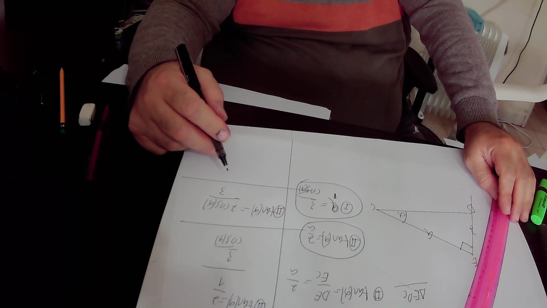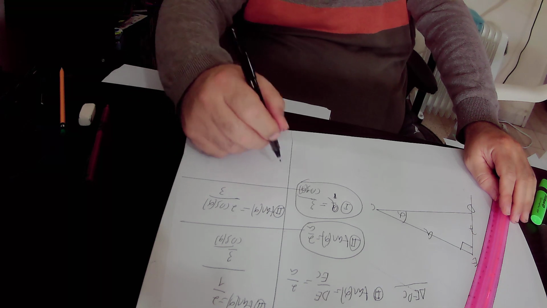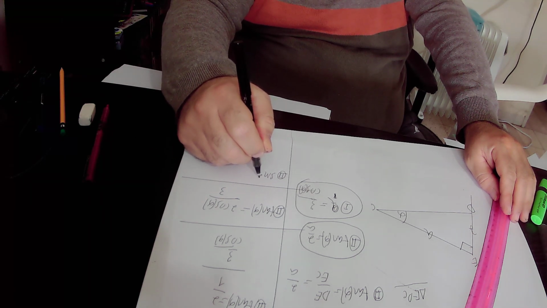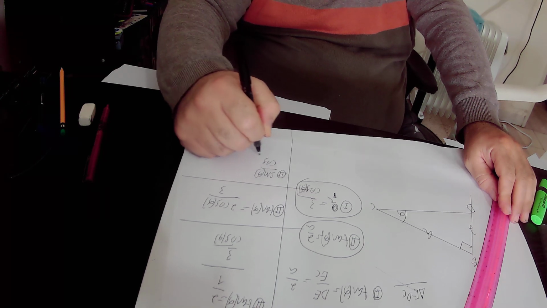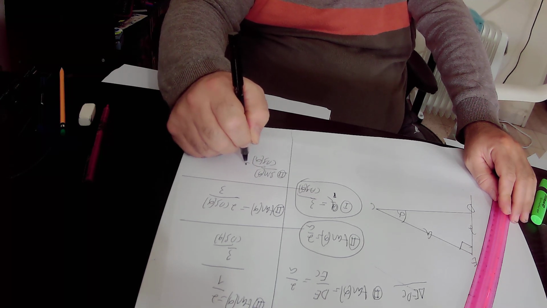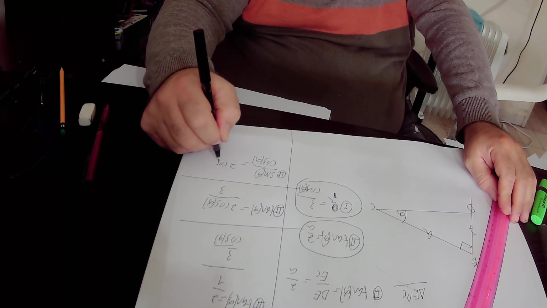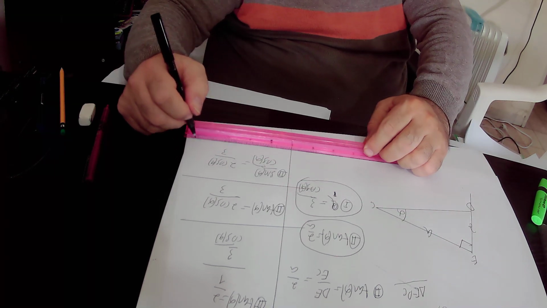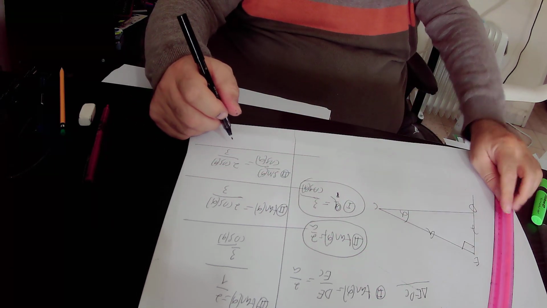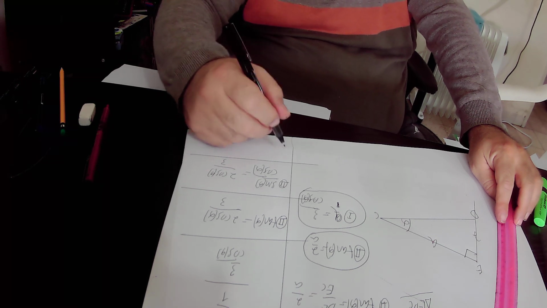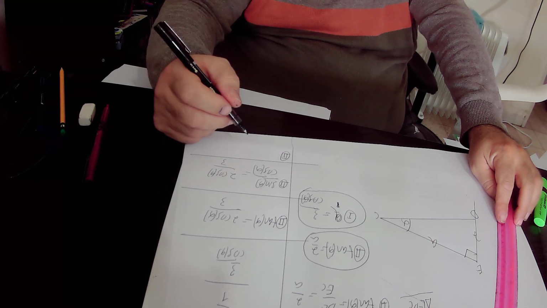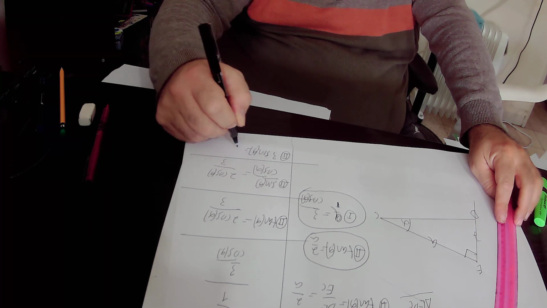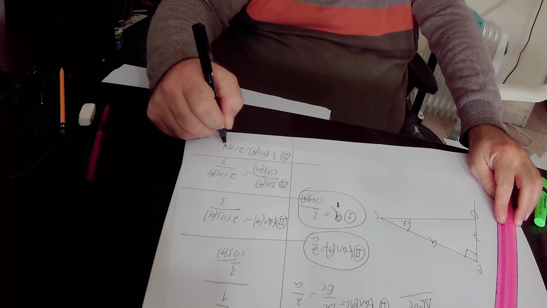We substitute tangent alpha by sine alpha over cosine alpha, and we get that sine alpha over cosine alpha equals 2 times cosine alpha over 3. Here we'll cross multiply this equation, and we get that according to equation number 2, 3 times sine alpha equals 2 times cosine square alpha.